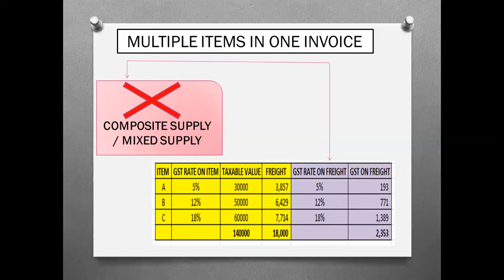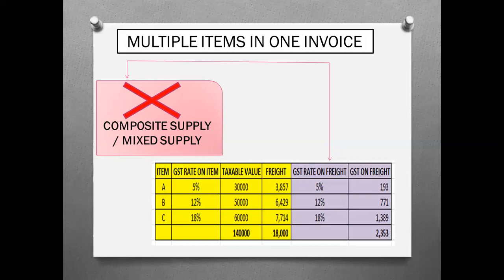Now, supplier A has levied freight charges of rupees 18,000 in the same invoice against all these items. In this case, the question is, what is the GST rate on freight charges of rupees 18,000? Is it 5%, 12%, or 18%?